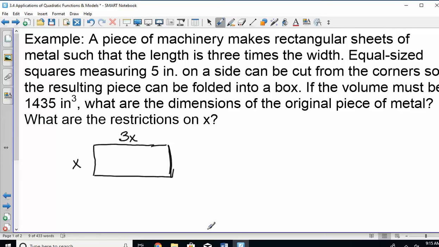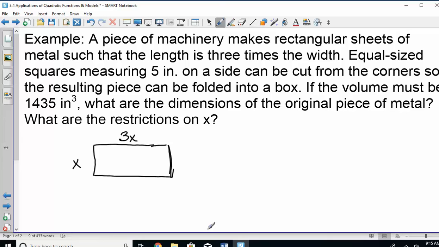So I cut the same size square out of every corner. So you have something like this. And then if you fold up those tabs, you get a box. Does that make sense?